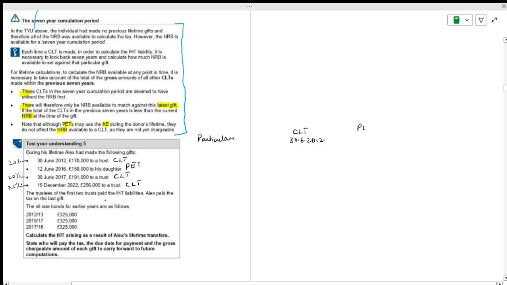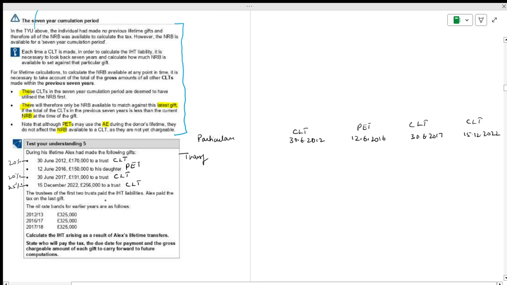Then the PET: dates are important. 12/6/2016. Then the CLT: 30th June 2017. And the next CLT: 15th December 2022.